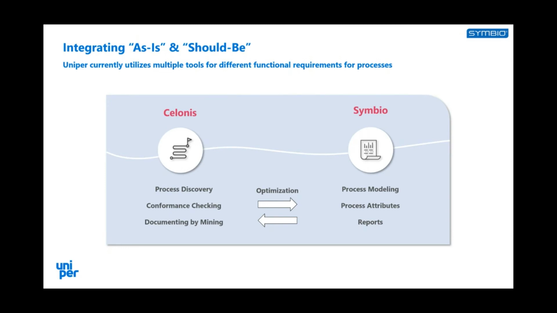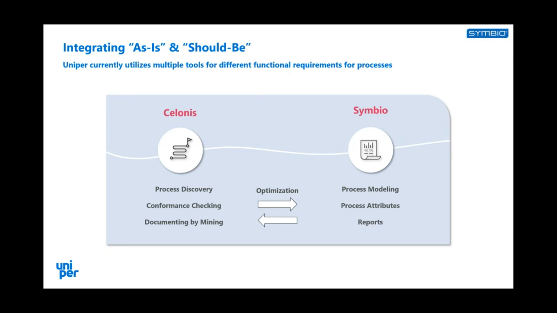One example is the case when we have available data in Celonis, and therefore we can take advantage of the mining capability to get the initial process model and move it to, for instance, Symbio for further documentation and completing the models. So, adding the manual tasks, for instance, things that are not time-stamped in the systems.